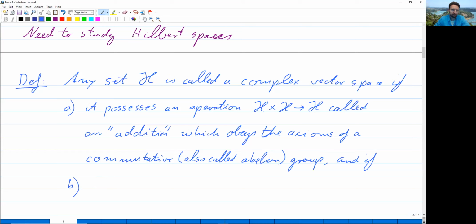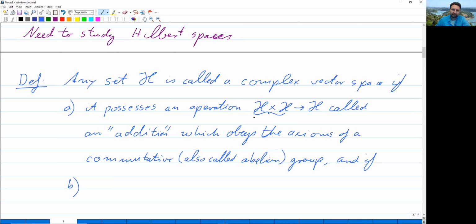And we will have two sets of conditions, A and B. And condition A says that our set H needs to possess an operation from H cross H into H that has certain properties. Now, what is H cross H? This is what is called, this is the set of all pairs of elements of H.